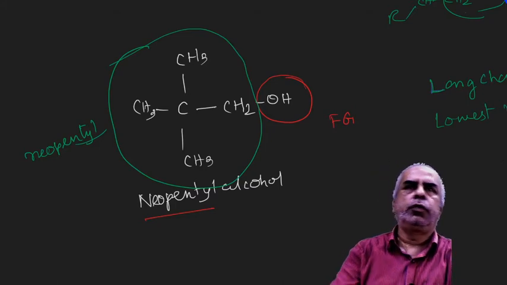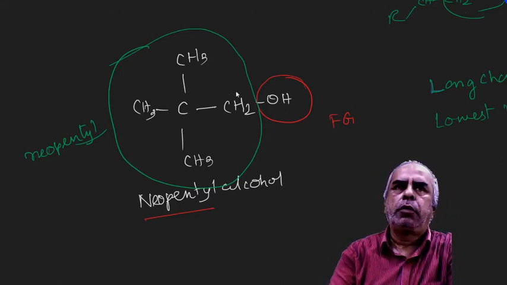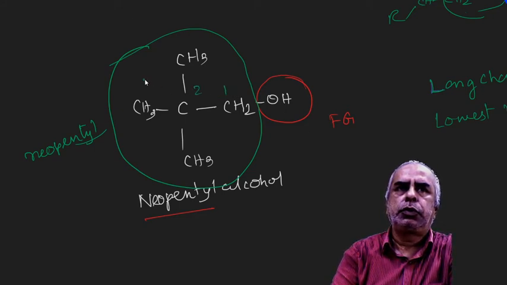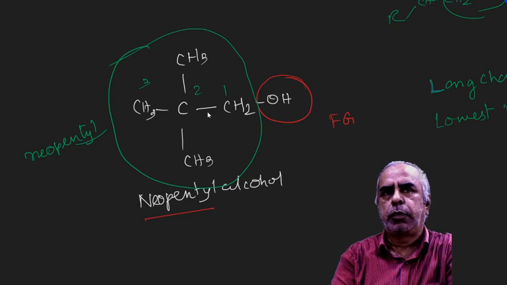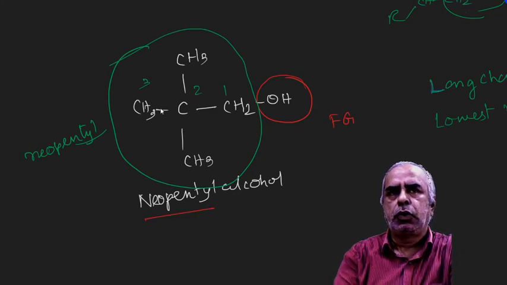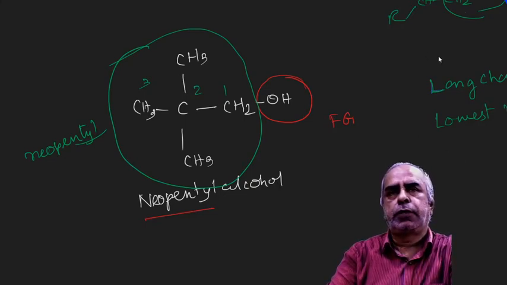These two are very, very important. Now you have 1, 2, 3. So OH is attached to the first carbon atom, then second, third. So this is prop. You have to identify the skeleton first, the long chain carbon skeleton.